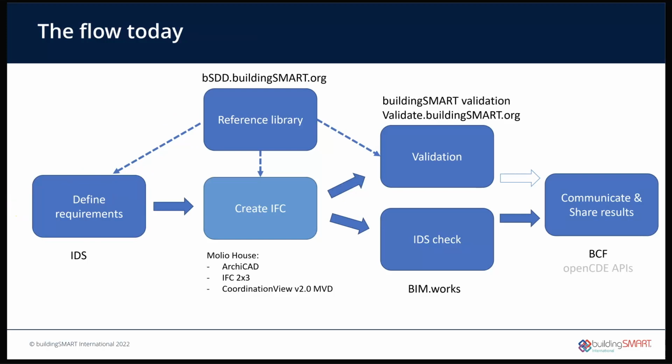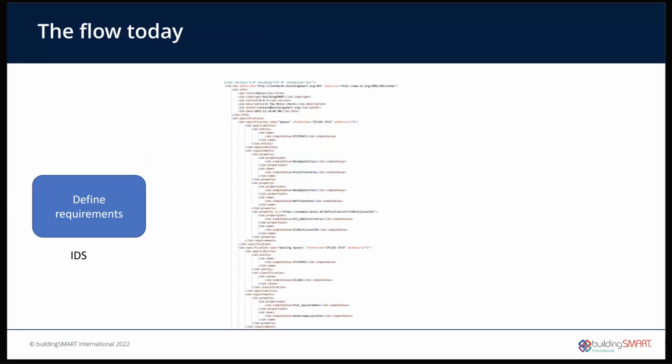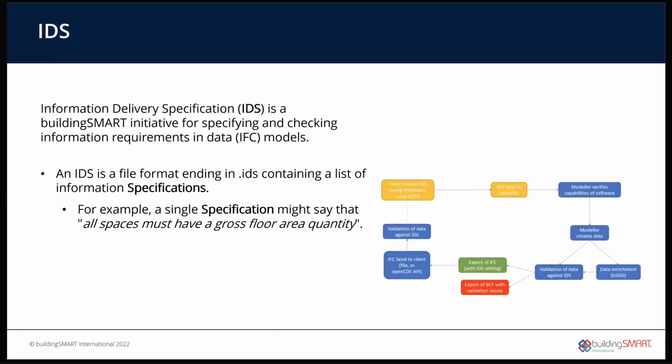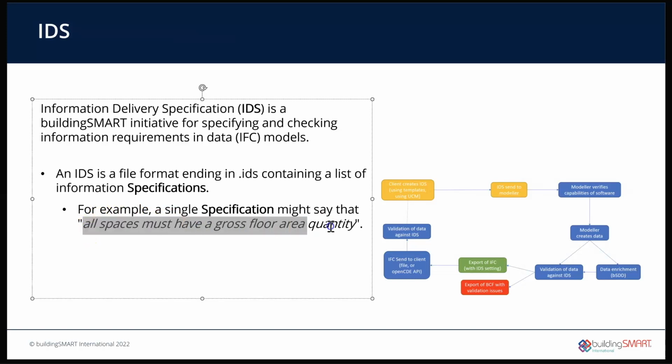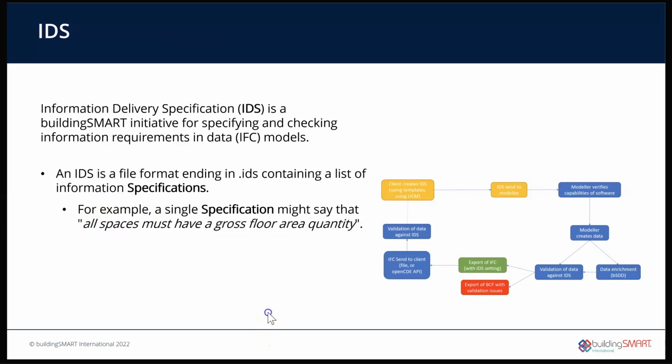So let's start off with IDS, the Information Delivery Specification. This is an XML-based definition. So if you define what you need according to this structure, you get an XML file, which is quite technical. But the reason why we set up this initiative was to be able to define in a computer interpretable way what you need. So for example, all spaces must have a gross floor area quantity.